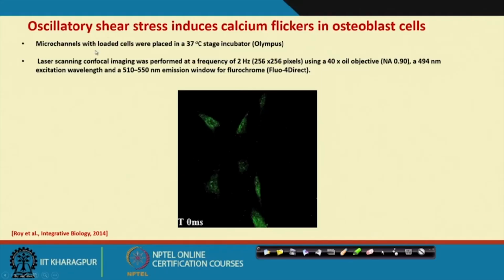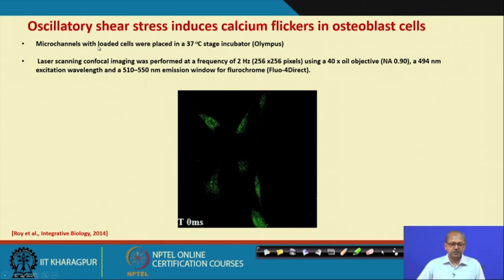In that situation, we loaded the microfluidic channel with the corresponding cells, keeping it at 36 degree incubator and giving the fluorophore dye.